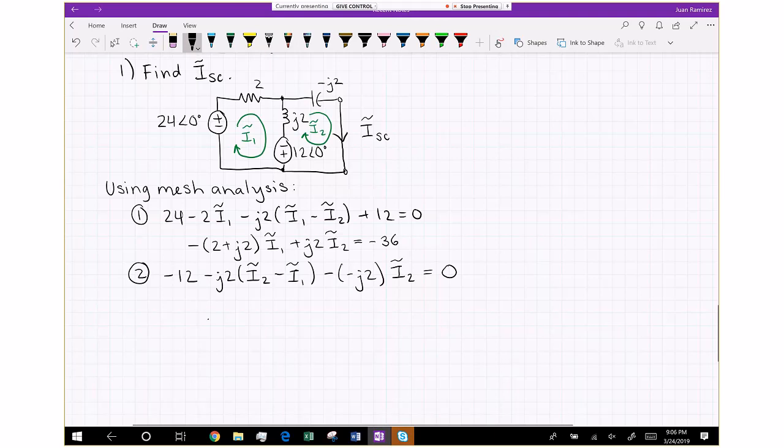So again, we're going to combine like terms. Something you notice when you're doing this is that you end up with negative J2 I2 plus J2 I1 plus J2 I2 equals negative 12. The J2 I2's cancel, which is nice.